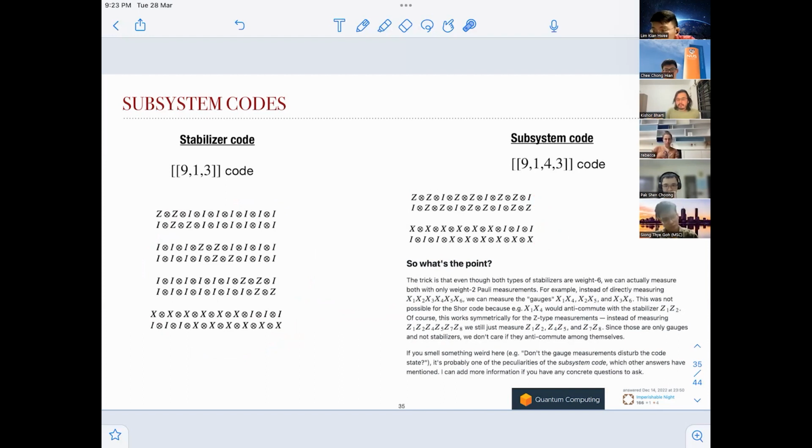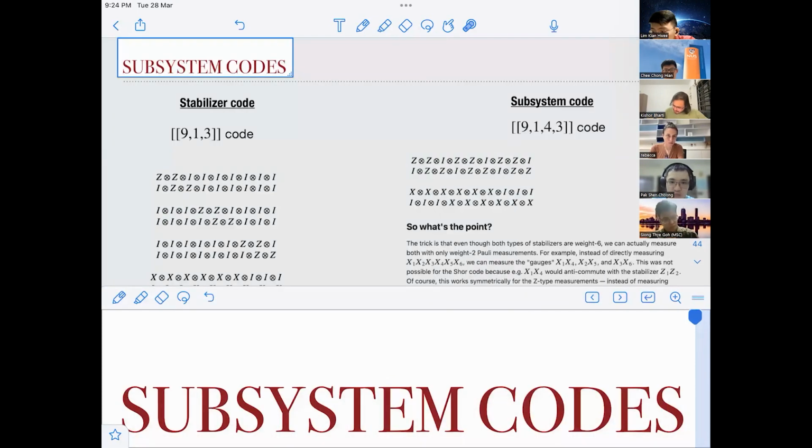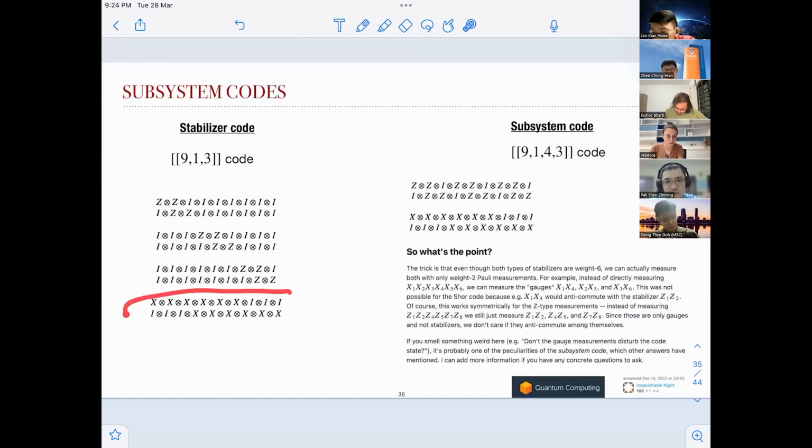So we are trying to change the [[9,1,3]] stabilizer code. You combine many of these Z's, and you get 2Z and 2X, but all of them are weight 6. Earlier only these were weight 6, but now all of them are weight 6.